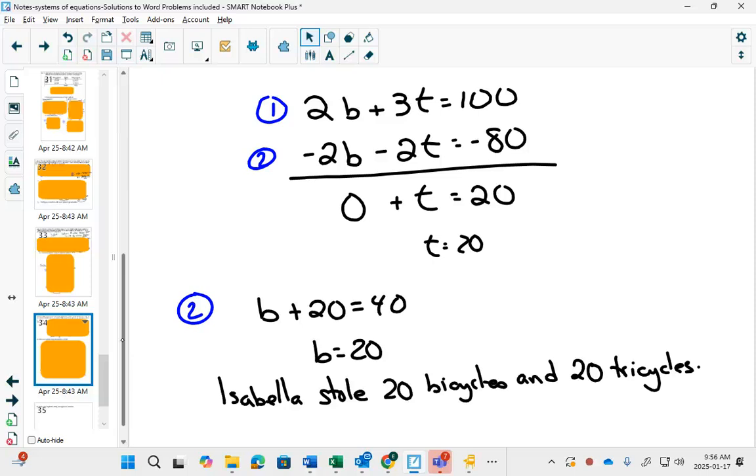For your quiz, there are going to be a couple of elimination questions, and then I'm going to ask you about the dependent, inconsistent, and independent questions. So I'm going to have questions that say, how many solutions does this system of equations have? And sometimes there'll be no solutions. And sometimes there's infinite solutions.